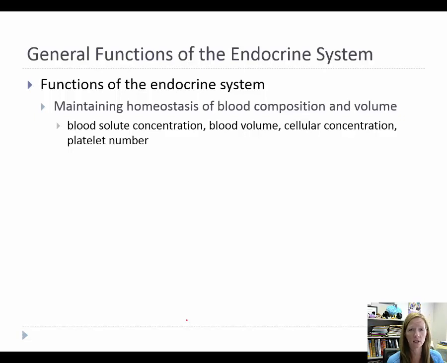So we'll talk about how hormones are going to help maintain homeostasis of what's floating around in the bloodstream, how much blood volume is actually inside of a blood vessel, cellular concentration, like how many red blood cells are floating around, platelet numbers, so glucose levels, electrolyte levels like calcium, sodium, potassium, water levels, red blood cells, platelets, all of that is going to be maintained by hormones.